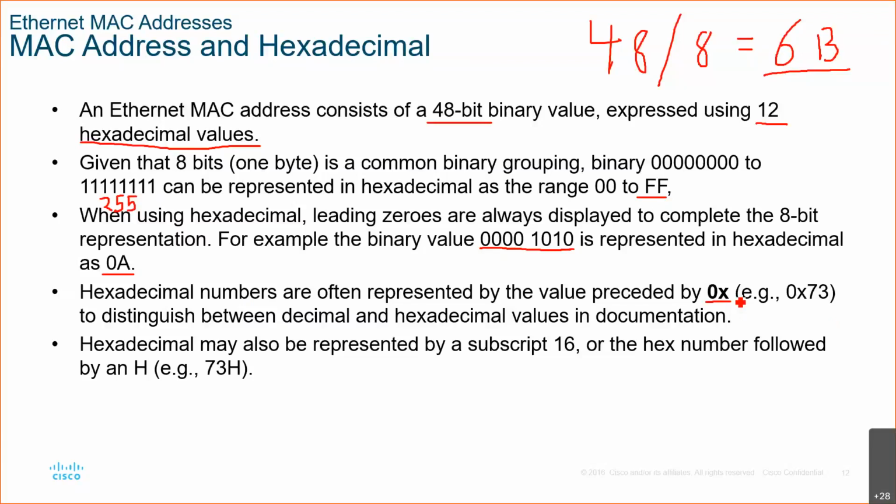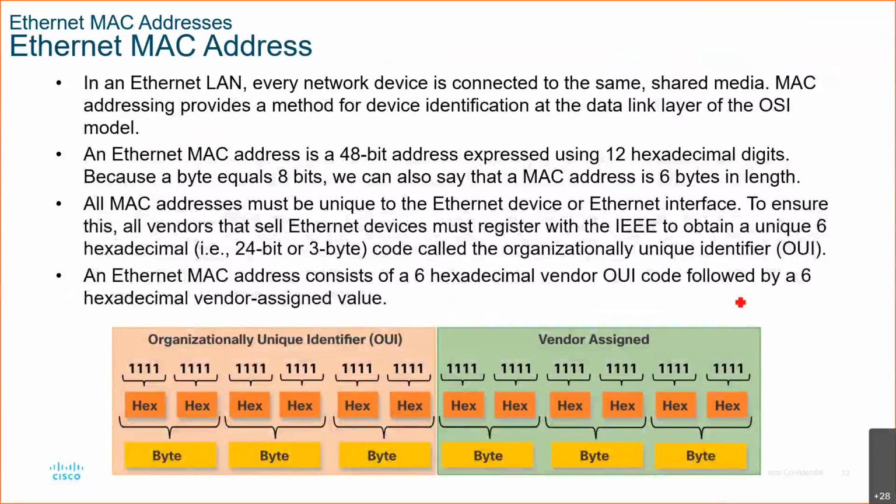So your MAC address is a 48-bit binary value represented in hexadecimal, consisting of 6 bytes, and you will have 12 hexadecimal values. Something like this. You see 6 bytes: 1, 2, 3, 4, 5, 6.